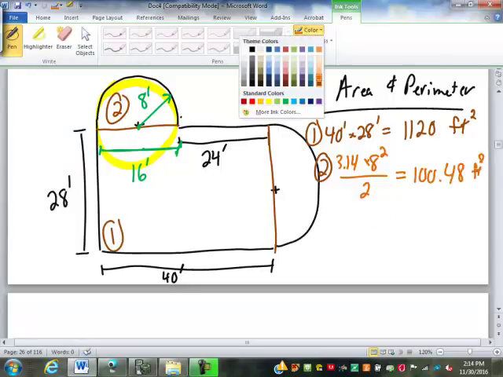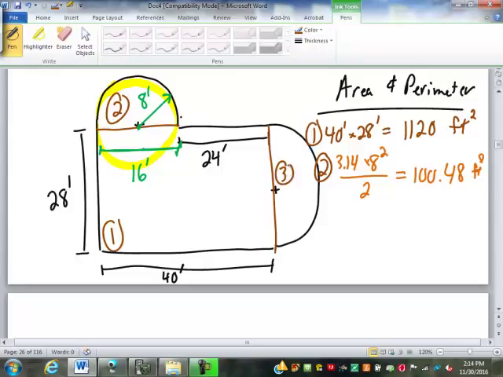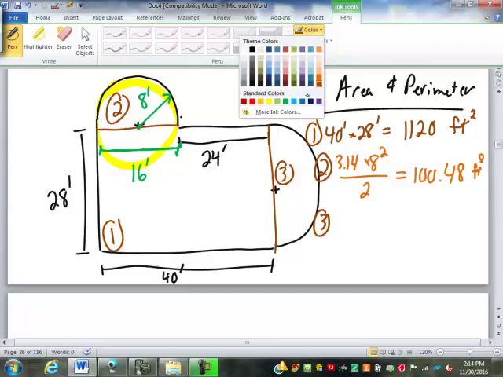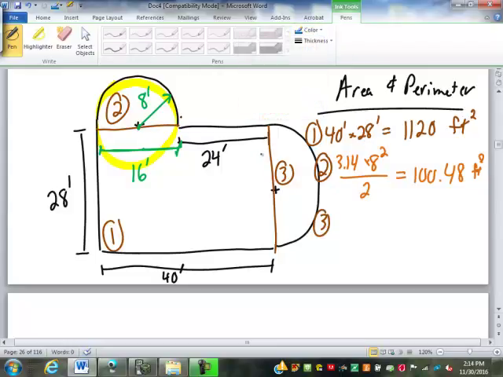And then finally, the third section is going to be this half circle. What's the radius of that half circle? 14 feet. Good. It's 28 feet all the way across. So half of that is 14.